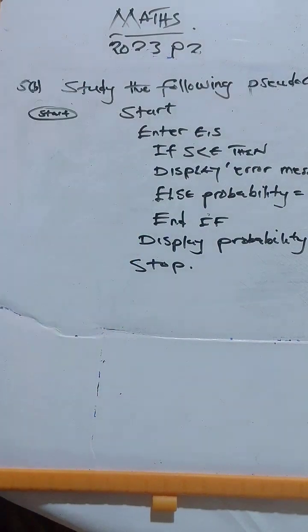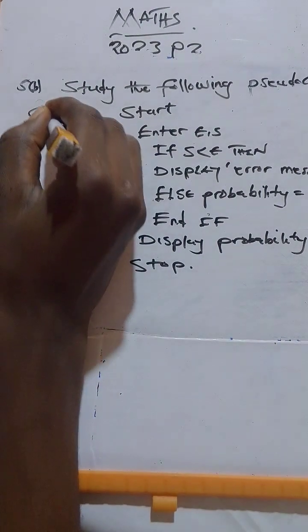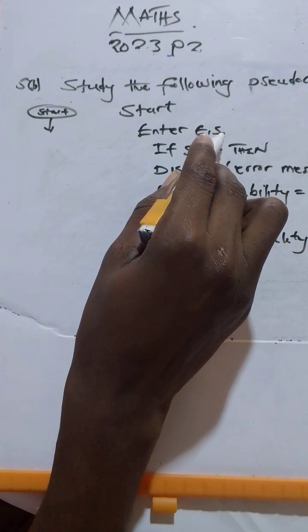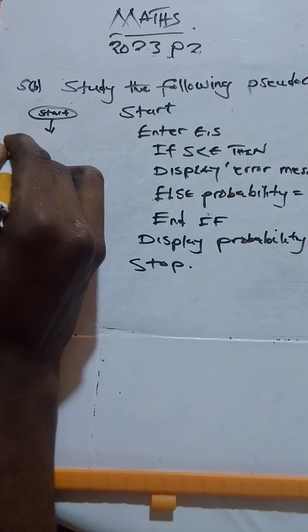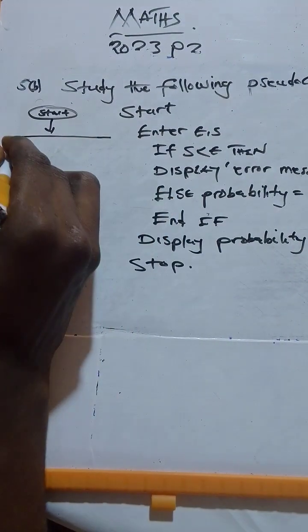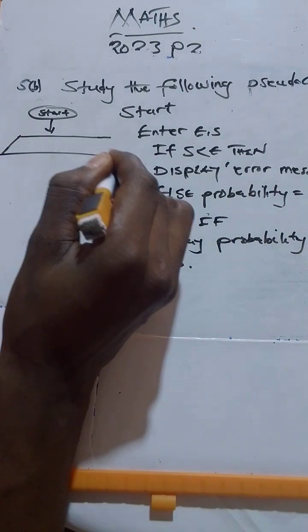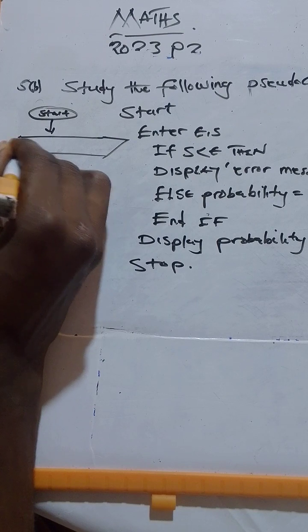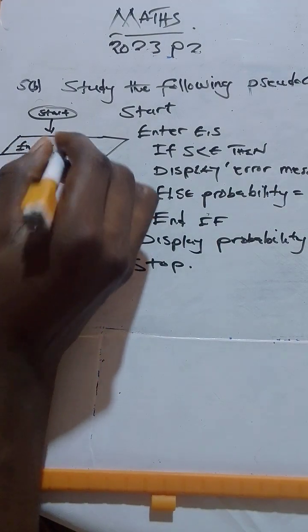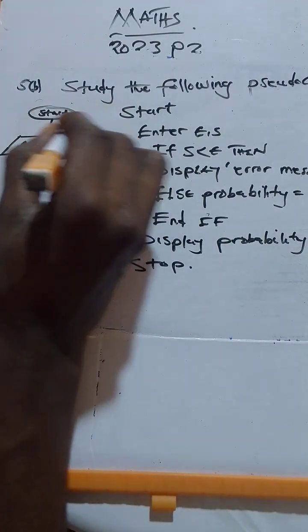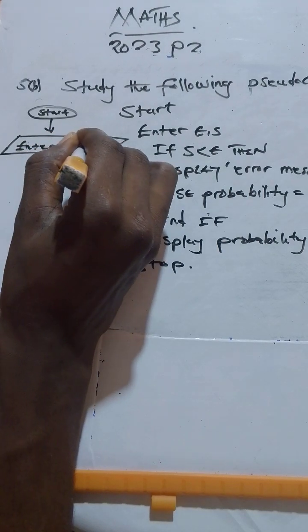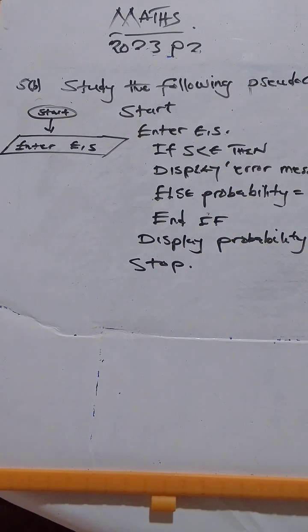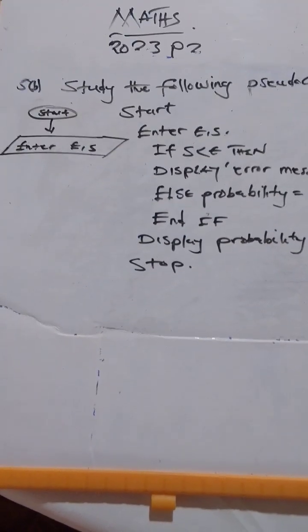Start, then the arrow to indicate where I'm going. Enter E, S. So here I'm going to use a parallelogram. This shape. So enter E, S. So we are here now. Then from here, we'll continue.